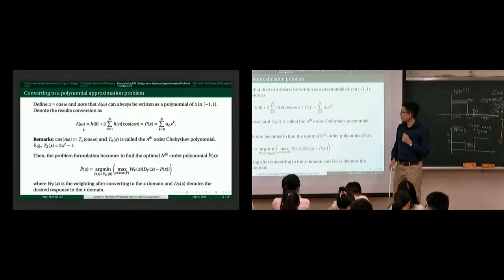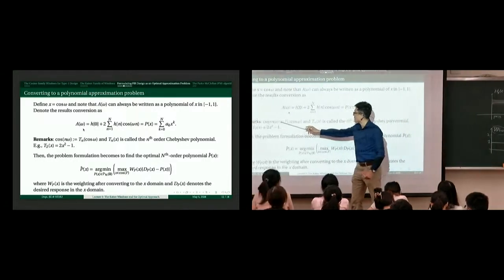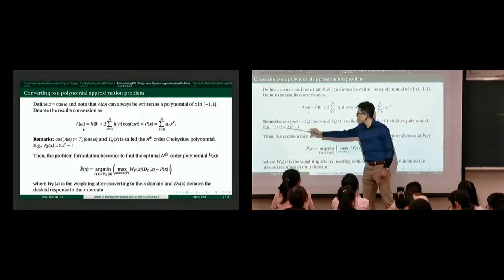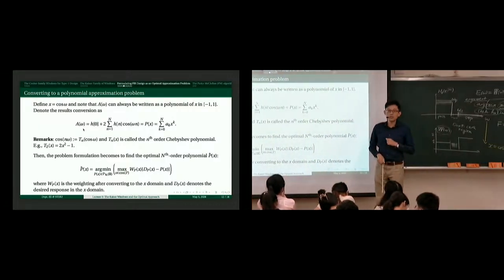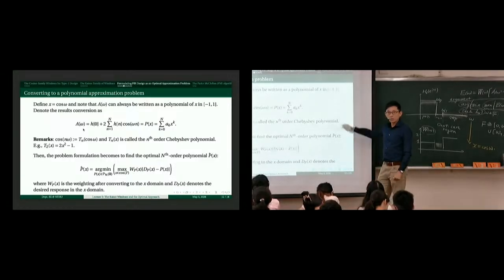And the key step is to realize that any cosine n omega can be written as a polynomial of cosine omega. For example, cosine 2 omega equals 2 cosine squared minus 1. It's as simple as that. You all learned that in high school. Okay, and they are called the Chebyshev polynomial. And we'll come back to this after the midterm.